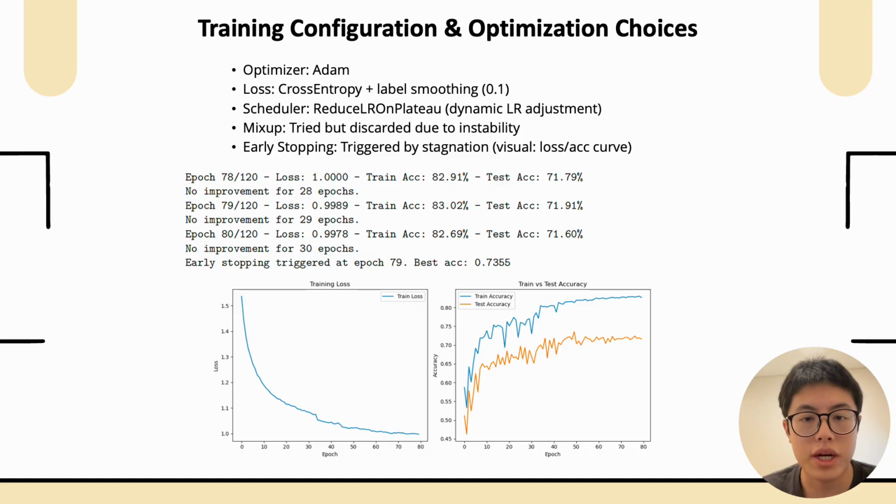We also experimented with mixup, specifically applied to the cat and dog classes. However, it introduced instability and domain mismatch, so we ultimately reverted to the standard loop. This combination of adaptive optimization and noise-aware loss proved more effective on our corrupted dataset.